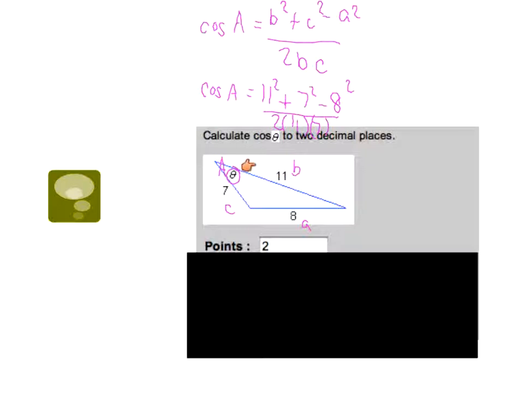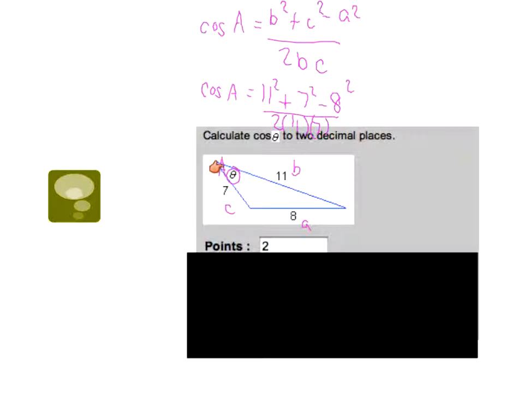Here's why it doesn't matter which one you label B and C. Okay, nobody asked this question. I'm just putting a hypothetical out there. Look what you're doing to your B and your C. You're squaring them and you're adding them. That means if you swap their places, it doesn't matter. It's not going to change your problem. The only one that matters that you label correctly is your a squared, because that one's a subtraction sign.